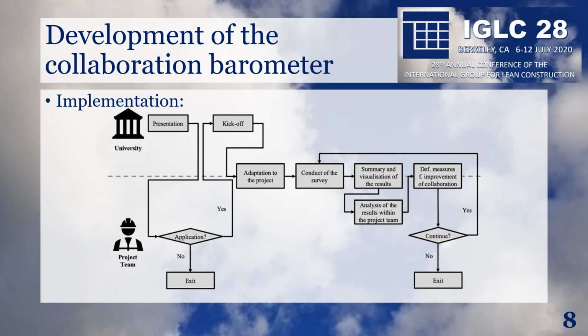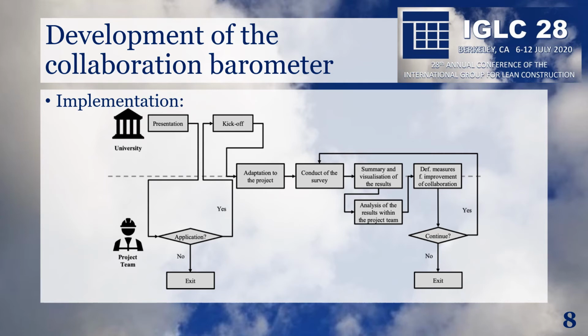The application of the barometer is basically as shown in this figure. At the beginning of the process, you can see it on the left, a presentation of the collaboration barometer is given to the project leaders. Afterwards, they can decide for or against the application in a project or even across companies.